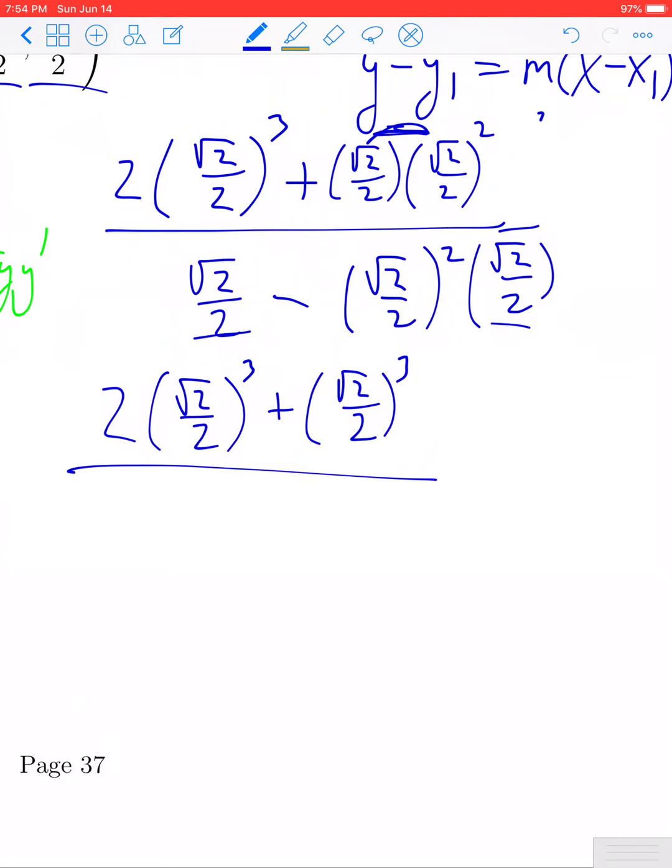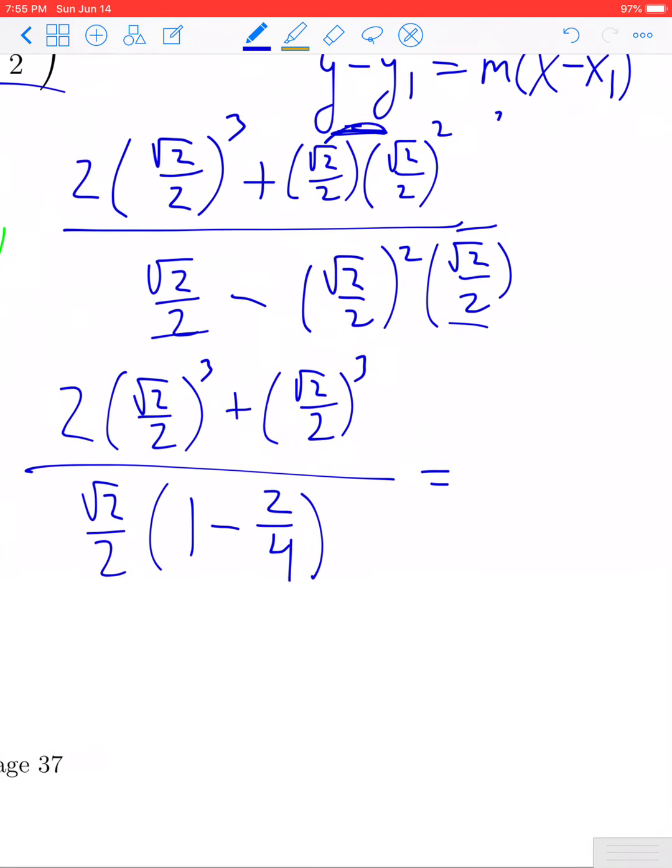Again, this might not make any sense to you, but I'm just trying to do it without using a calculator. You can factor out the square root of 2 over 2. That's going to leave me with a 1 minus the square root of 2 over 2 squared. That's going to be square root of 2 squared is 2, and then 2 squared is 4. So this would be 2 over 4.